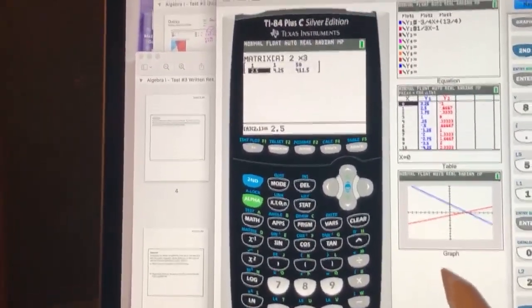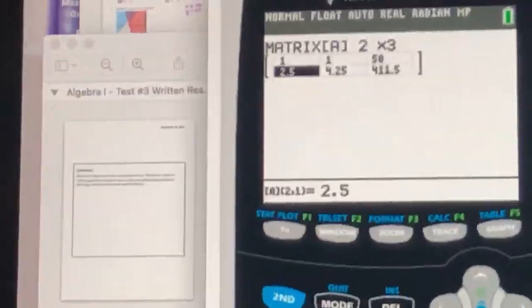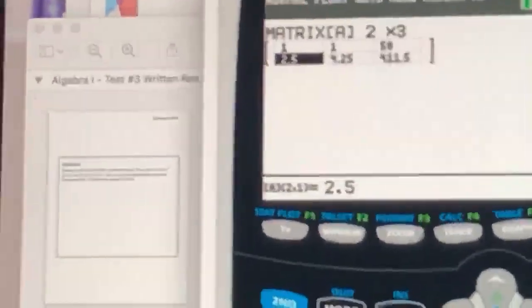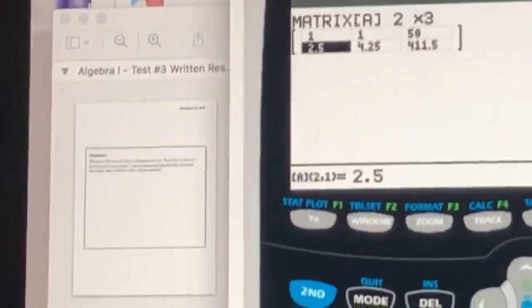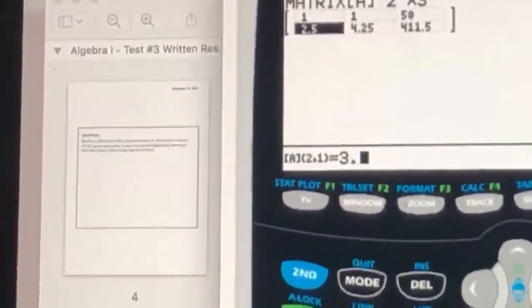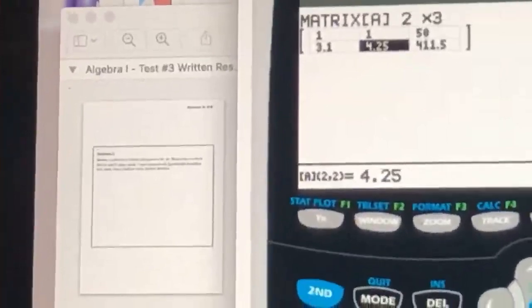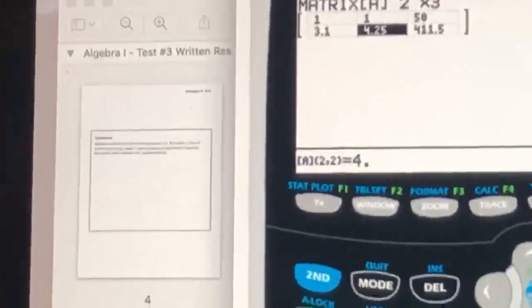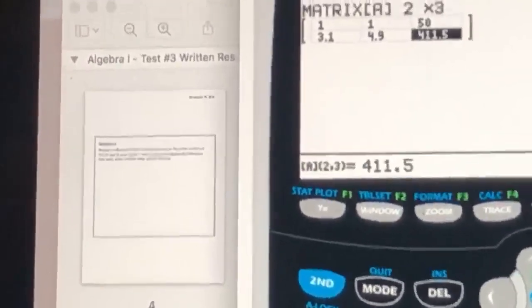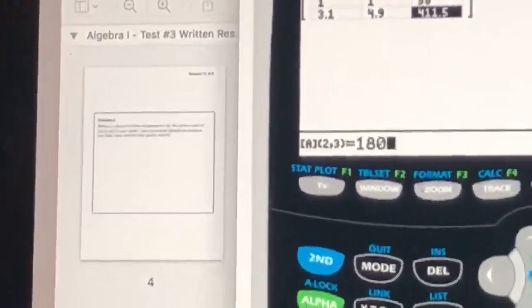A matrix is pretty much just using the pure numbers from the system, no symbols, no variables. In my second equation, 0.1S, remember it was important that we started with S in both, 4.9L, and that was equal to 120, or 180.2, sorry.